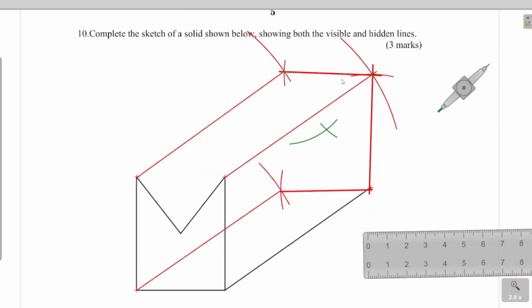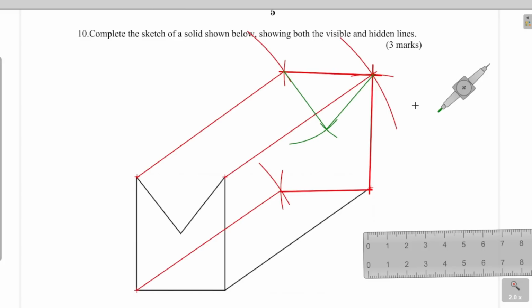So by doing so, we shall have a line. We join this point of intersection like that, and then the other one like that.